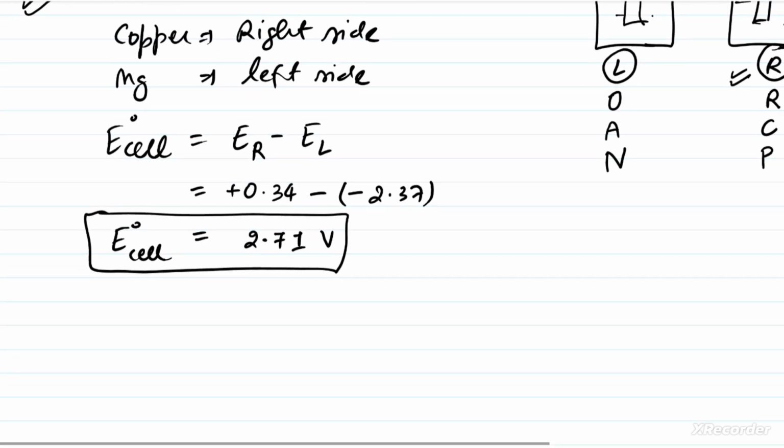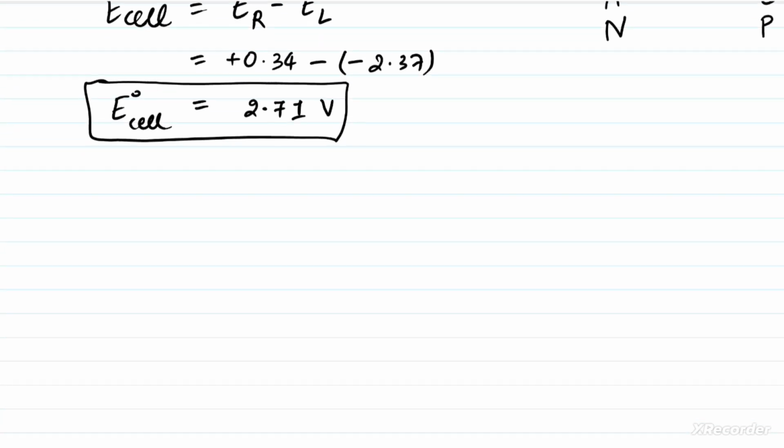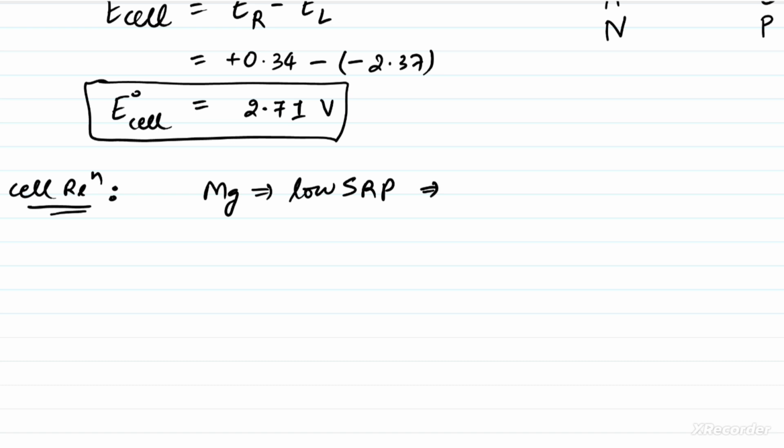Okay, so if I write the cell reaction now, since you have identified that magnesium has a lower ERP, low standard reduction potential. Why? Because it is a negative value. So magnesium has a low tendency to get reduced, that means it will undergo oxidation, whereas copper has a high standard reduction potential, that means here reduction will happen.